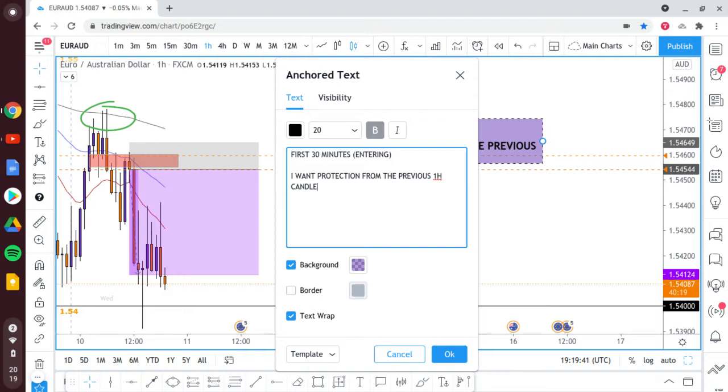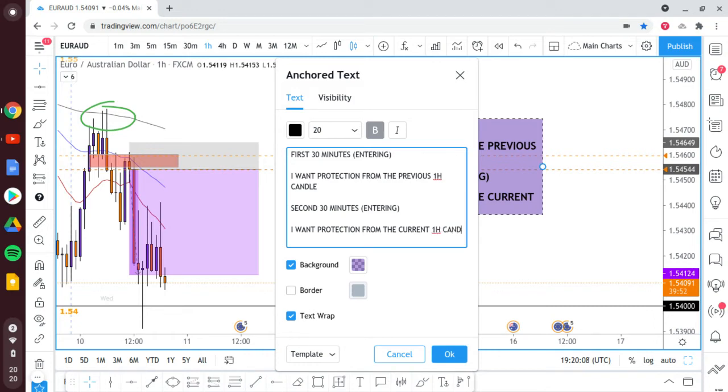That's that. Now, the second 30 minutes of entering, I want protection from the current 1 hour candle, at least.